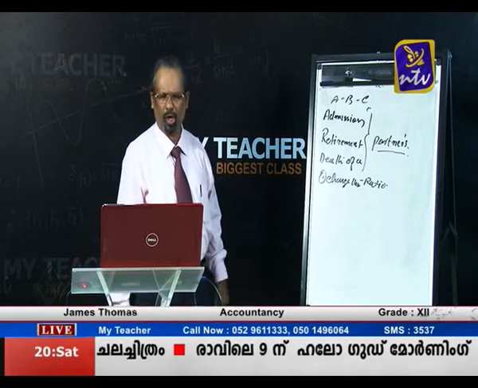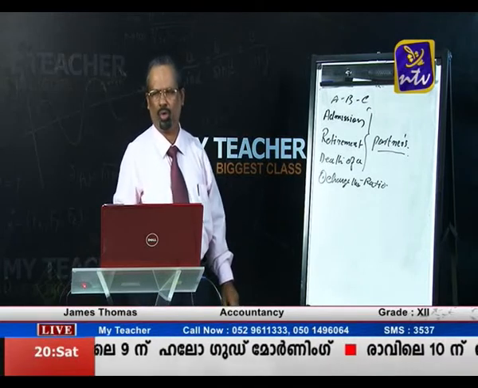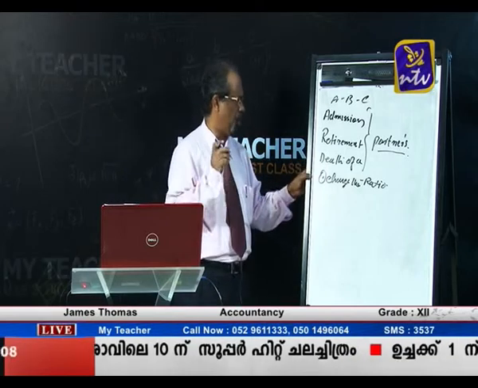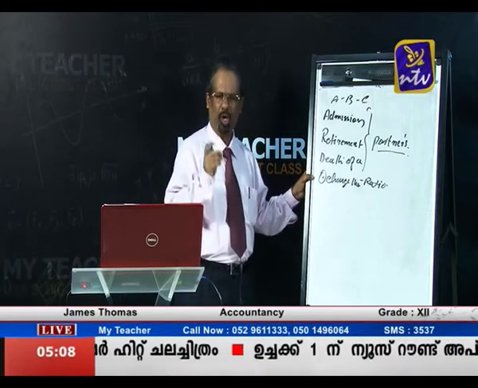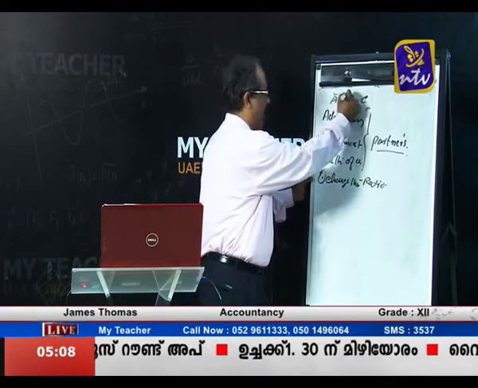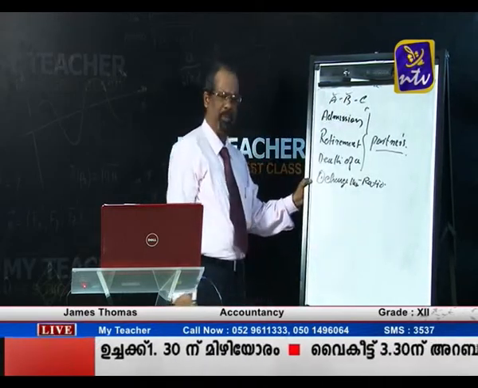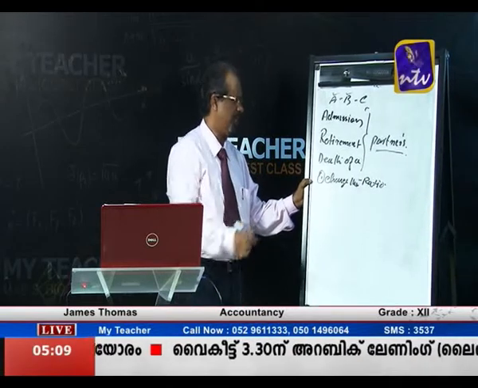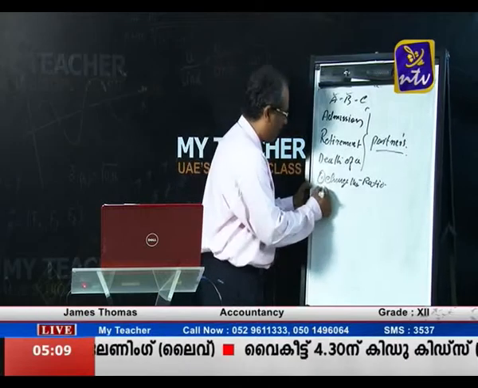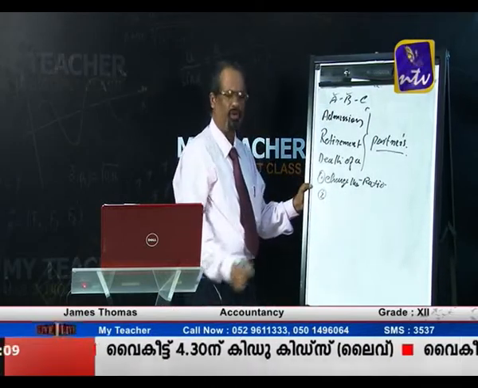You know that old ratio minus new ratio is equal to sacrifice ratio. So the first adjustment made by the existing partners, A and B, at the time of admitting a new partner C, is to change the profit sharing ratio.